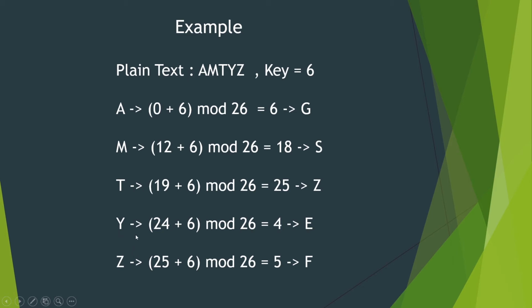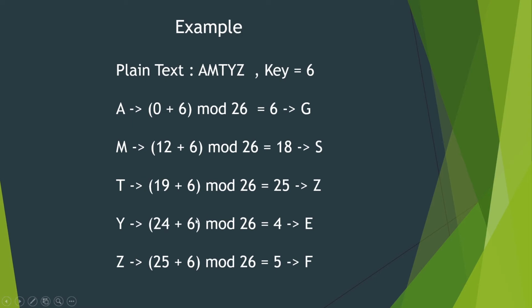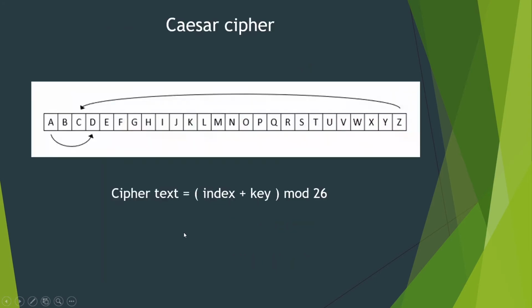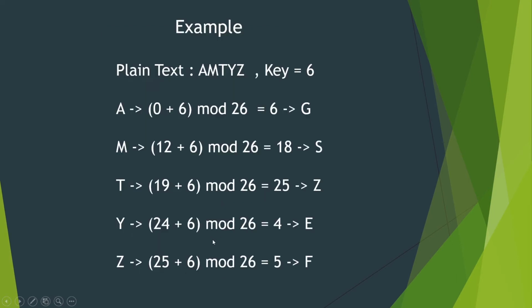Let's take a look at this Y. The index of Y is 24, and if you add 6, you get 30. So our boundary has been exceeded; the answer went over 25. That's why we do the modular 26, because we get only remainders from 0 to 25 if we divide by 26.